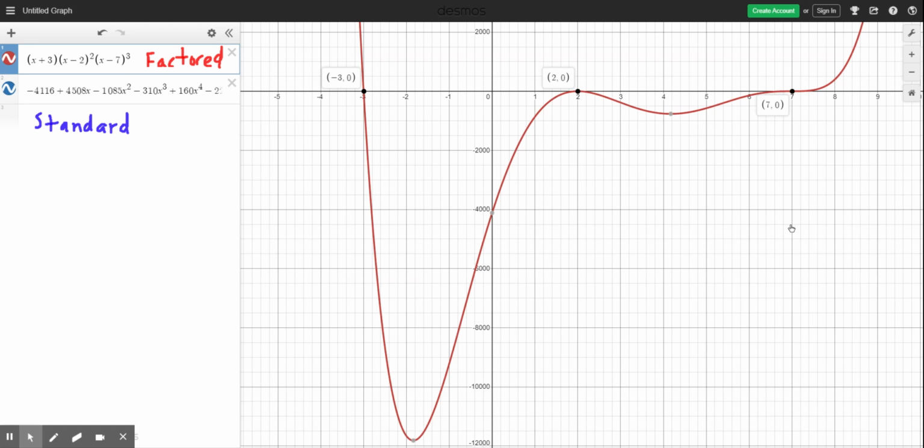Now, we are going to want to learn ways and strategies to deal with polynomials in their standard form to find their factors or to find the factored form. We're not going to be dealing with factoring polynomials of this magnitude. This would be too difficult of a procedure for us at this point.